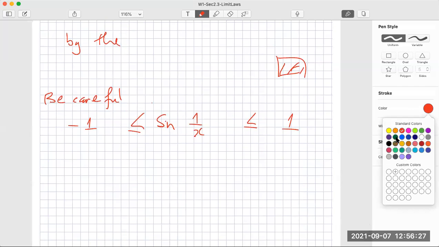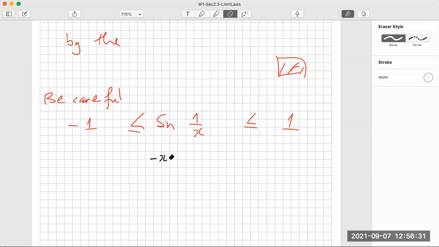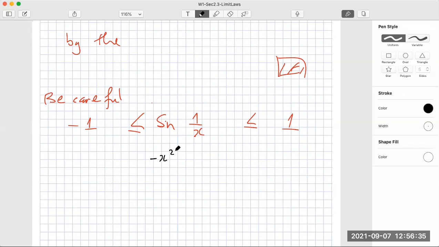If we multiply it by x squared, which is positive, then -x squared will be negative, right? So on the right side here, it will be 1 times -x squared. The left side, 1 times -x squared. We multiply -x squared everywhere here.